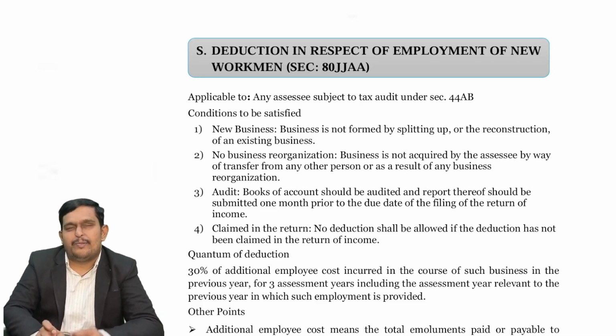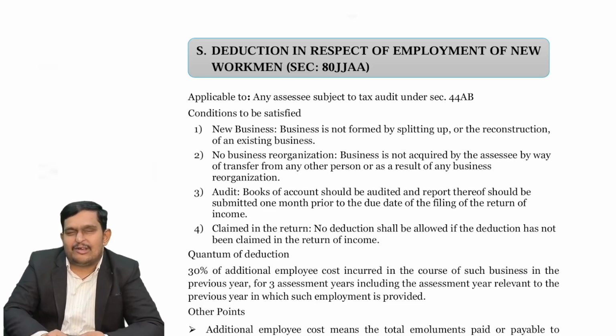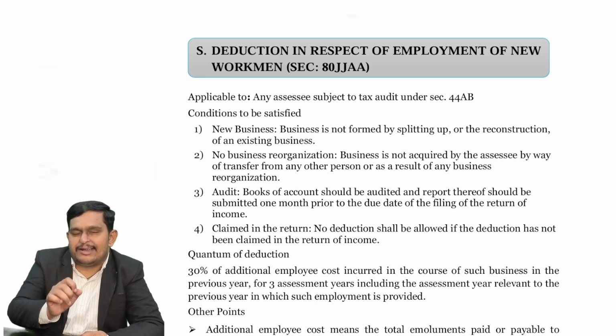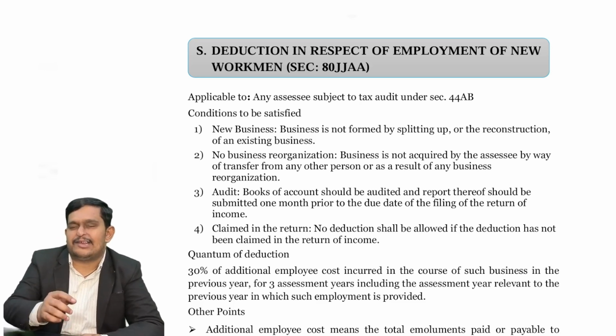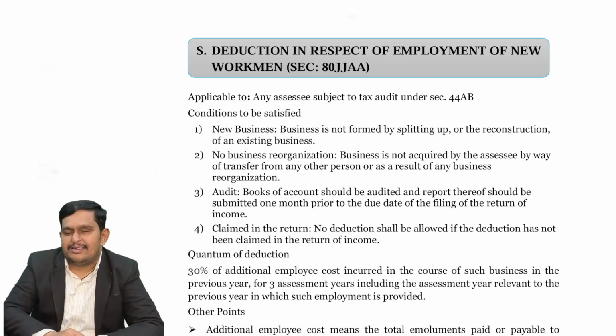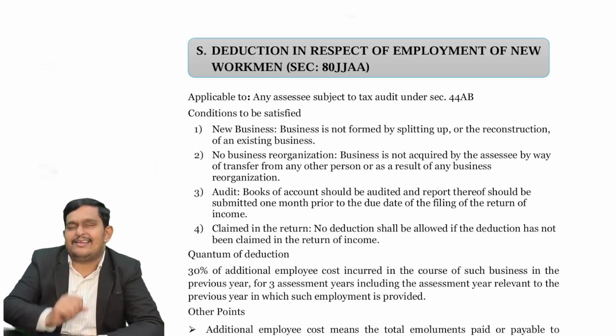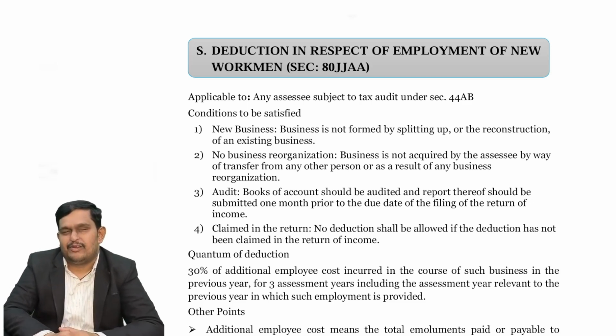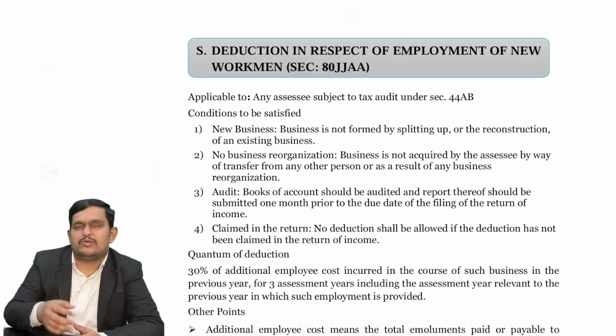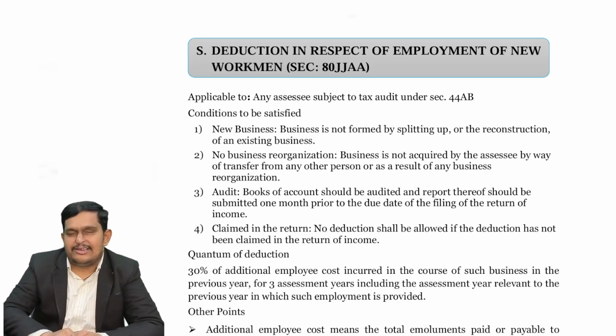So here you pay salary. Now, when you pay salary under section 37, you claim deduction or not? Of course, under section 37, we claim deduction. But you are allowed to claim additional deduction under section 80JJAA. Of course, government wants to promote employment, right?